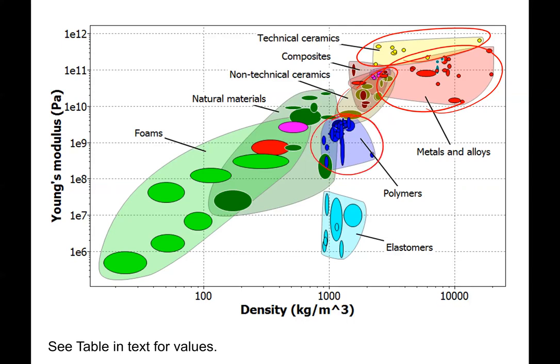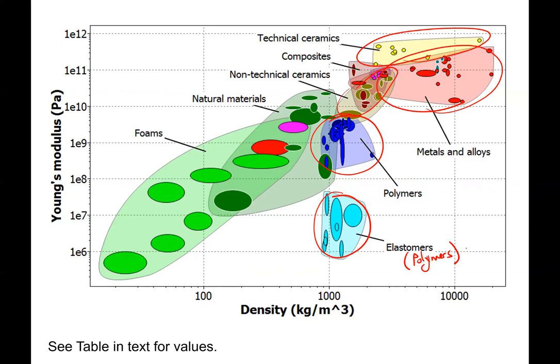Polymers, you can see that they are clustering here. And then we've got elastomers. Those are our rubbers. And as we move into the polymers chapter, which is going to be a ways until we get there, we'll see that elastomers are also polymers. These are really polymers. But many times we'll separate them out just because they do behave so differently from the general class of polymers. All right.